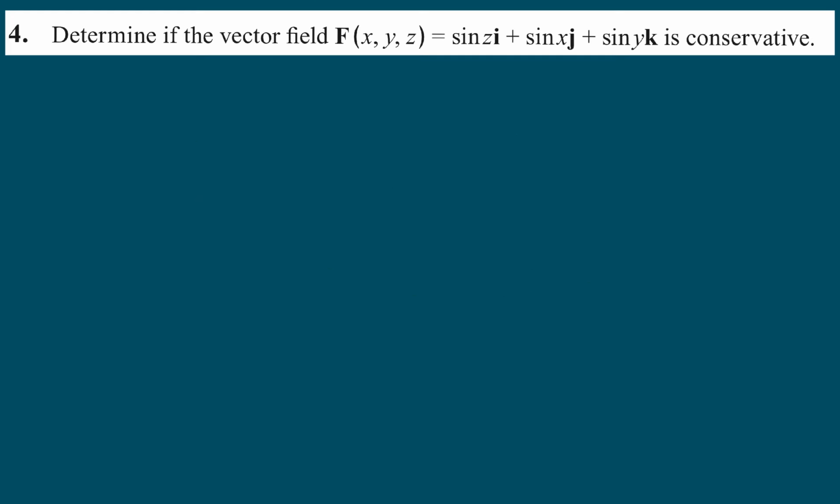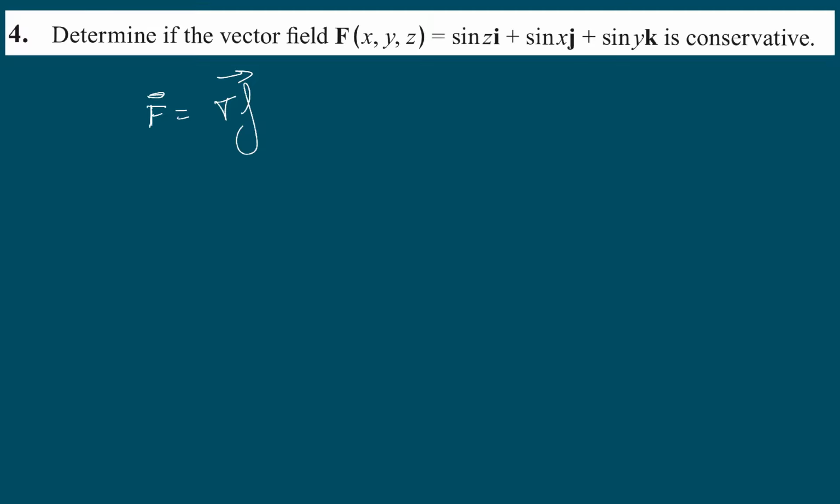Now we have a different vector field. It is a vector field in 3 dimensions, and it says determine if the vector field is conservative. One of the things about a vector field being conservative is that F can be expressed as the gradient of some function f.